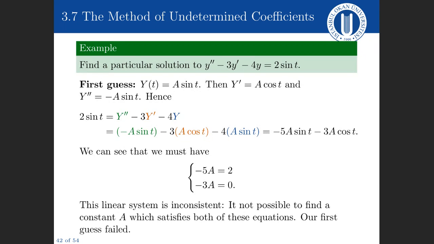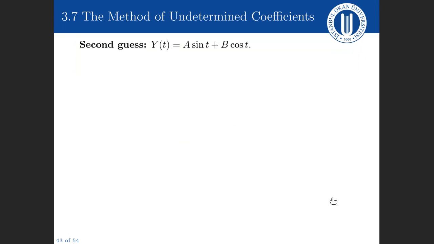This guess was a failure because if we start with sine and we differentiate, we also get cos into the function. What else can we start with that when we differentiate gives sine and cos terms? We could start with our second guess, A sine t plus B cos t.